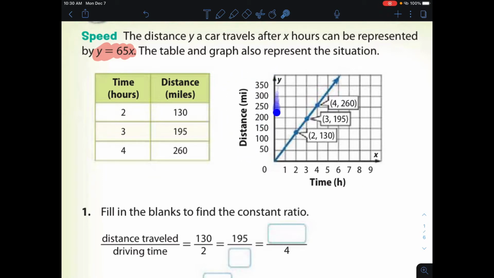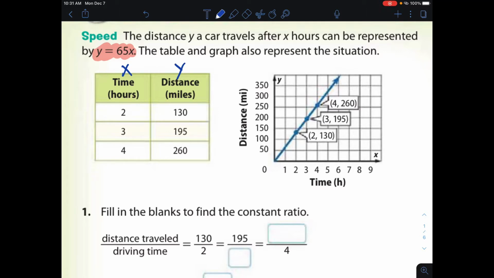So I can actually write this as x, y right there. So on the x-axis will be the time it takes, in hours, and the y-axis is the distance, in miles.